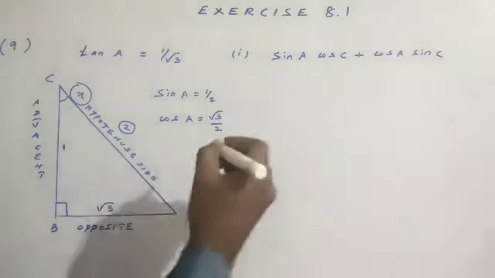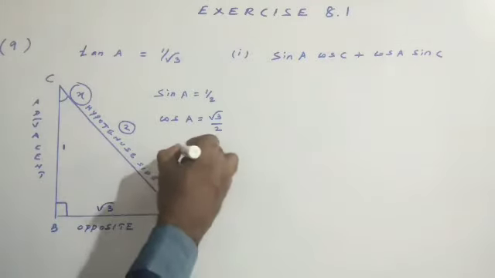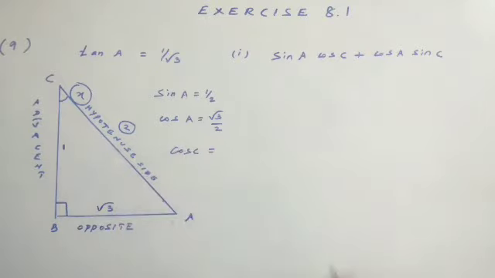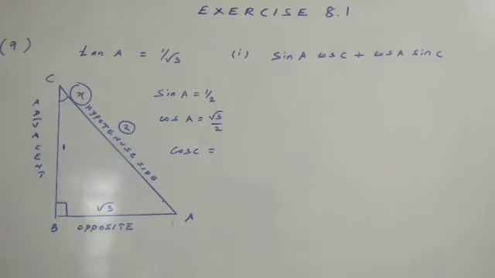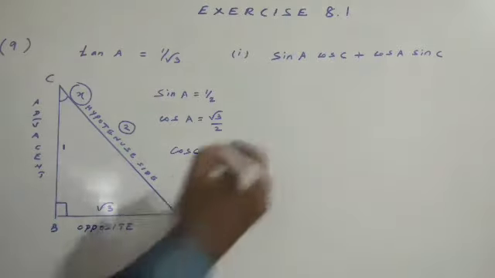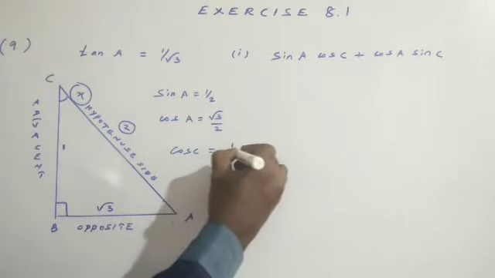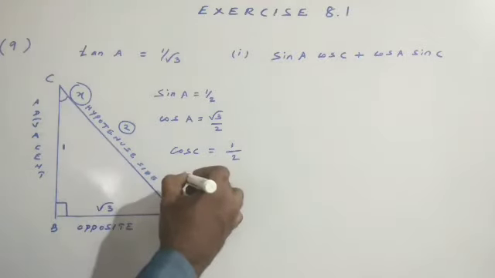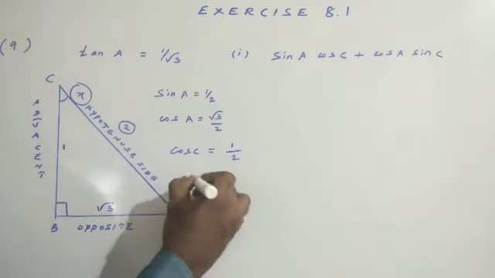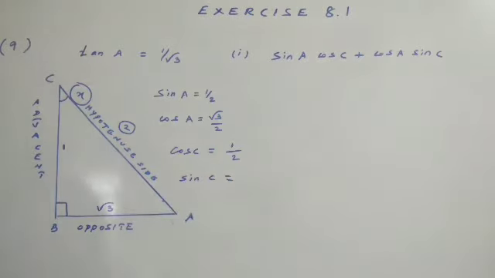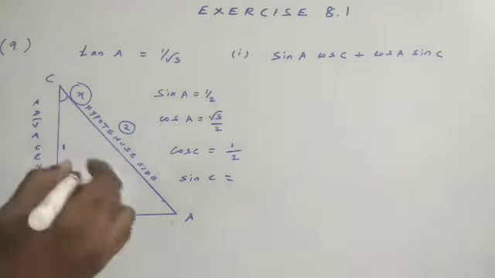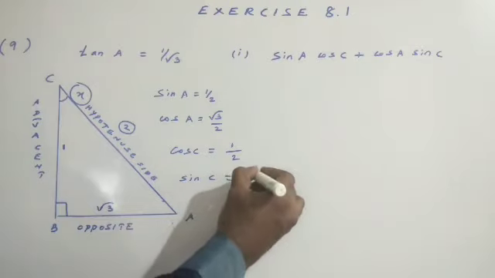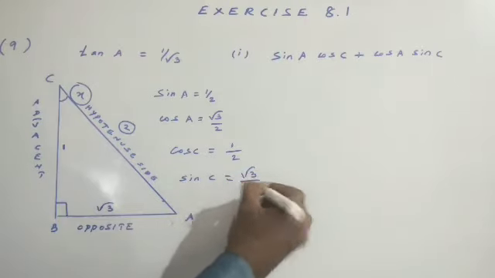Now cos C. Cos theta means adjacent by hypotenuse side. Here the adjacent side is BC, that is 1, the hypotenuse side is 2. And sin C. Sin theta is opposite side by hypotenuse side. Here the opposite side is AB, that is root 3, by the hypotenuse side, that is 2.